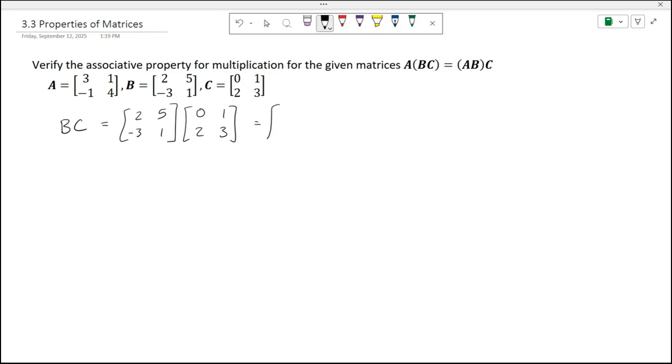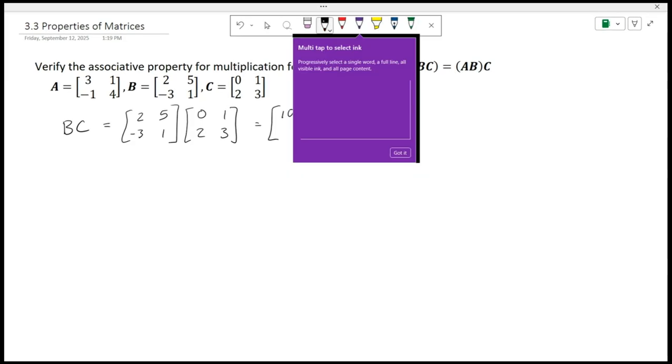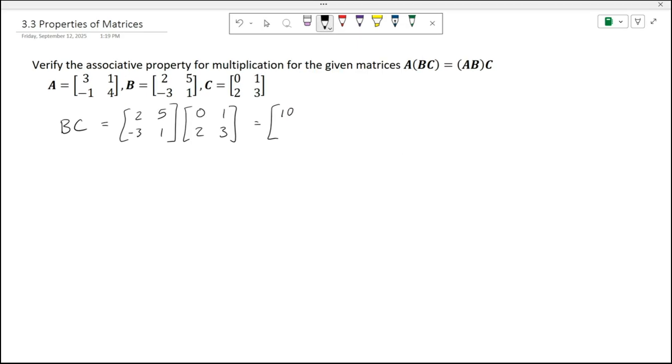Okay, so when I'm multiplying matrices, I take the first row of the first matrix times the first column of the second matrix. So 2 times 0 is 0, plus 5 times 2, that would give me a 10 in that first spot. And then I take the first row times the second column. So 2 times 1 is 2, plus 5 times 3.